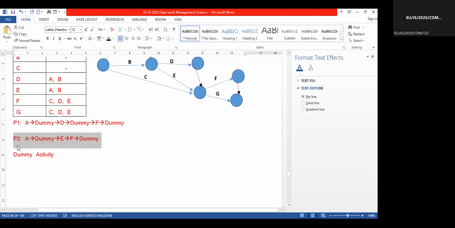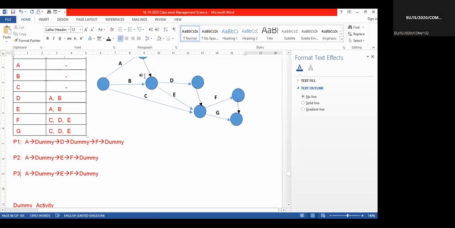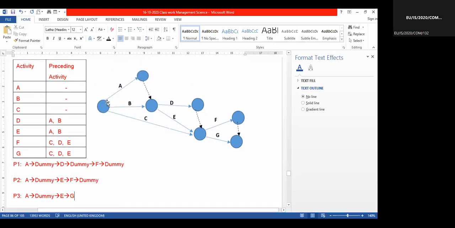Then the third path, path 3, right? A, dummy, E, G. Okay?